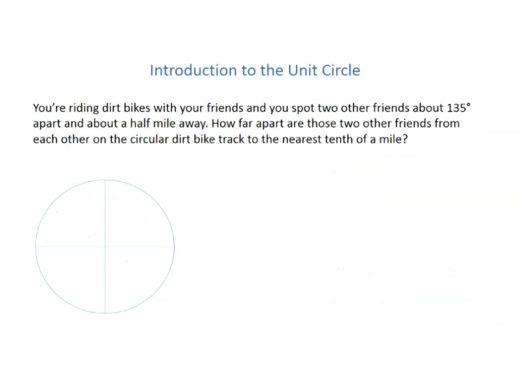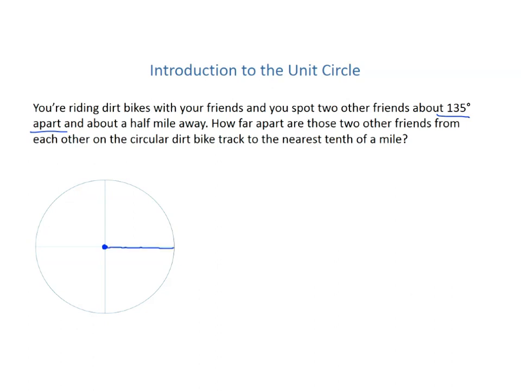Okay, you're riding dirt bikes with your friends and you spot two other friends about 135 degrees apart and about a half mile away. Okay, so let's say you're here in the center and you spot two friends that are about 135 degrees apart.